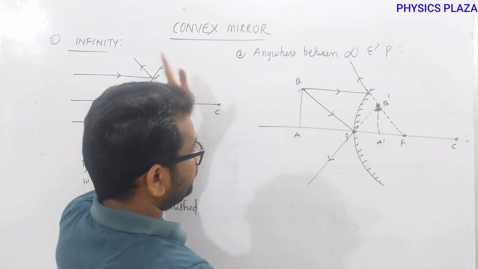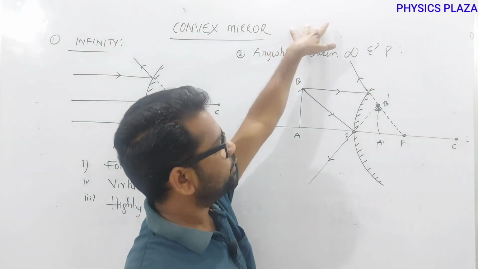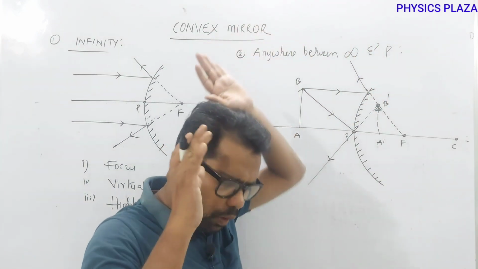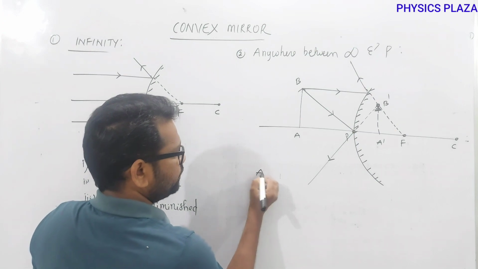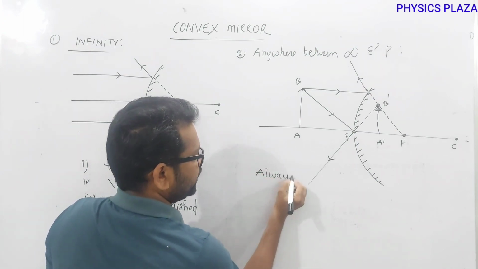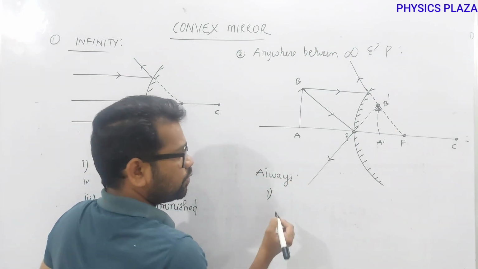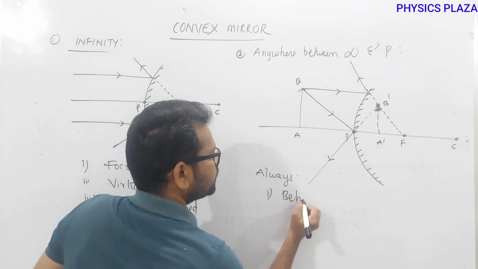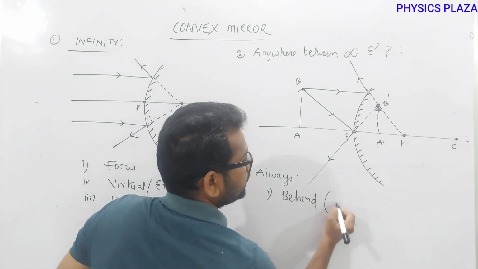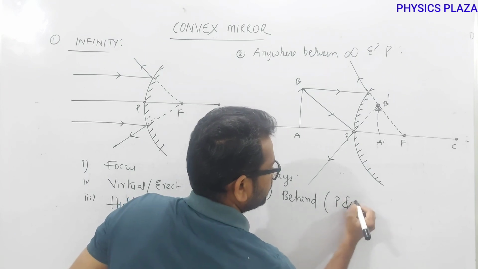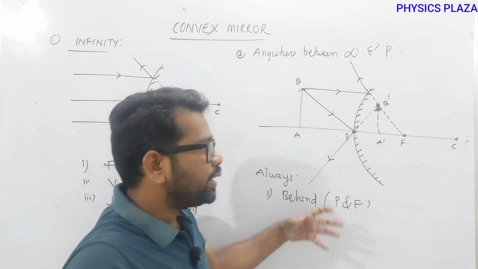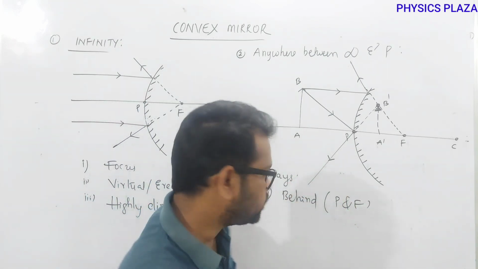So children, wherever you place an object between infinity and pole, always remember, very important: the image is formed behind the mirror, between pole and focus, very near to the mirror.